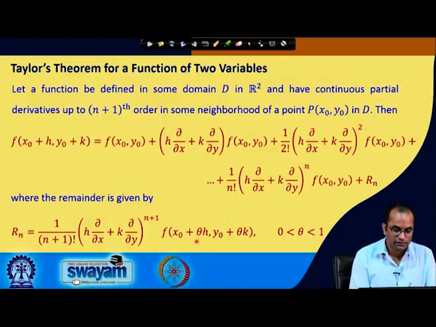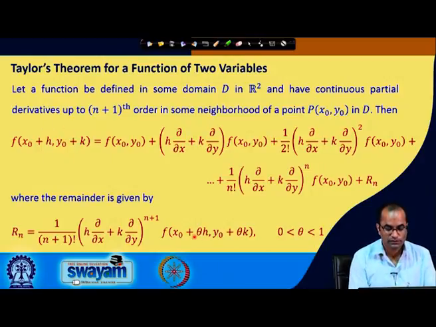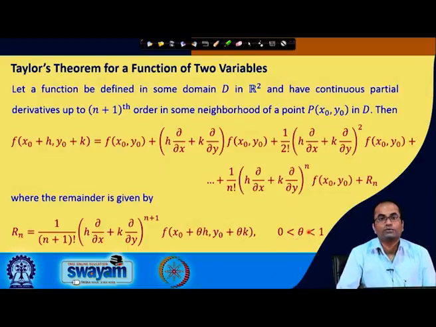So, that means again this is a point between x 0, y 0 and the point x 0 plus h, y 0 plus k. So, this first argument will vary from x 0 to x 0 plus h when theta varies from 0 to 1. Similarly, here y 0 can vary from y 0 to y 0 plus k when this theta varies from 0 to 1.